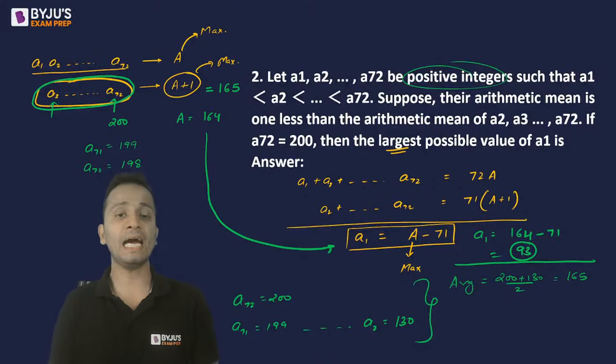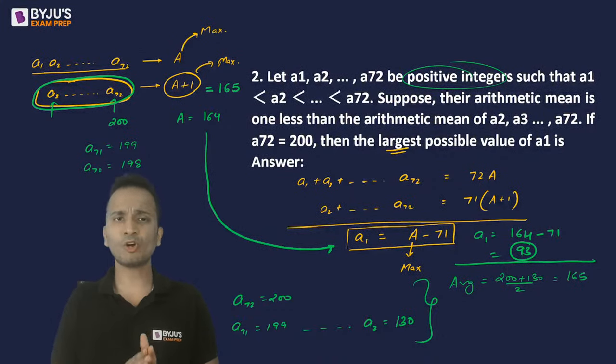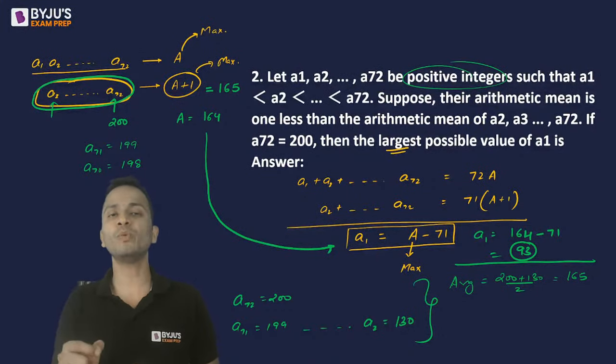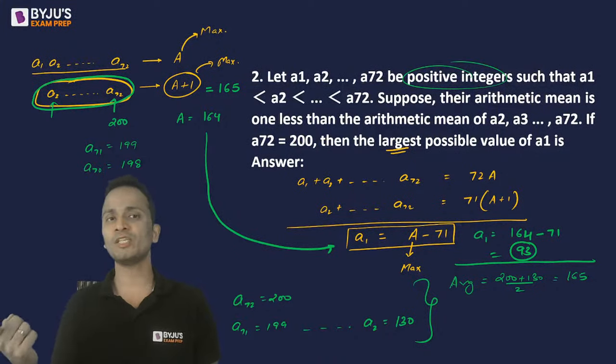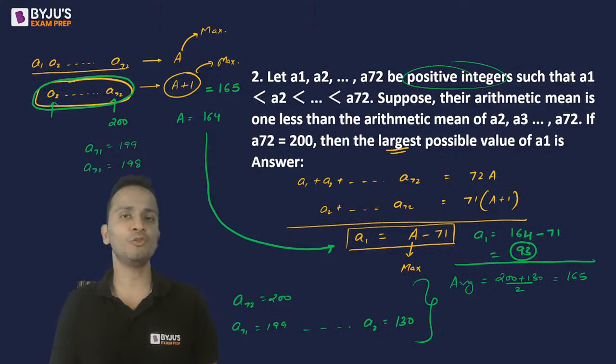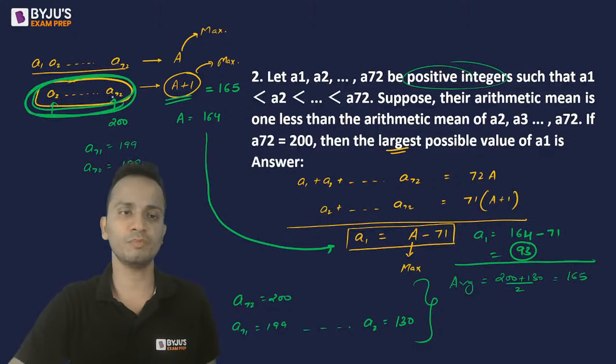I hope I am clear. So I'll just quickly repeat. Once we have got the relation that A1 is equal to capital A minus 71, since I have to maximize the value of A1, I should be maximizing the value of capital A. Now capital A की value maximize होगी तो capital A plus 1 का value भी maximize हो जाएगा. Okay, so in order to obtain the maximum value of A plus 1, I should be maximizing the value of each of these terms.